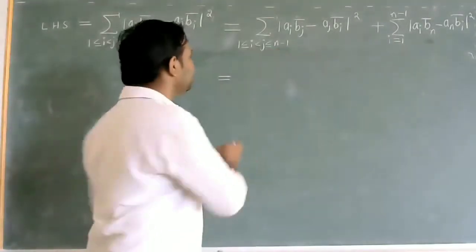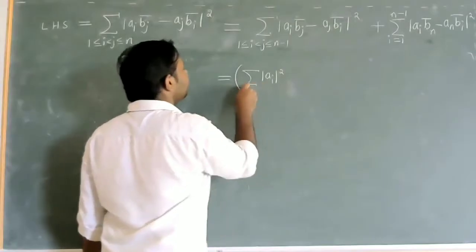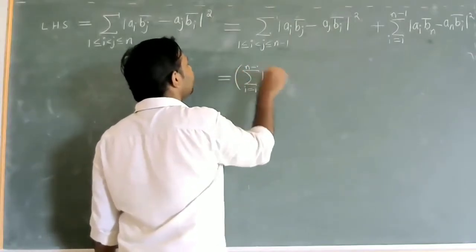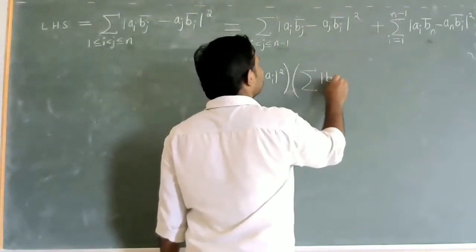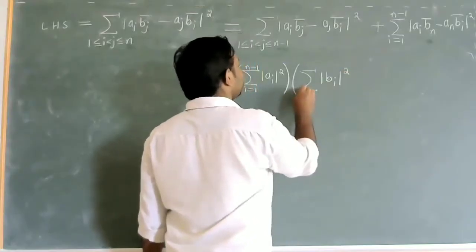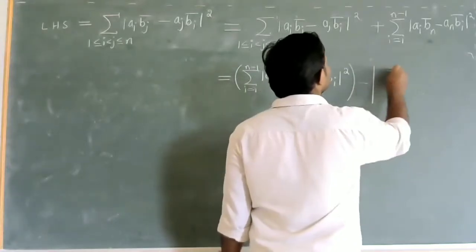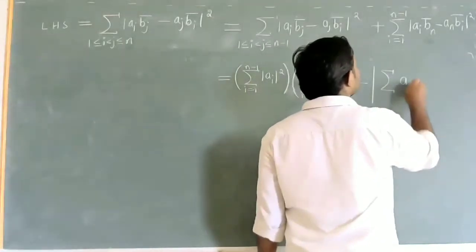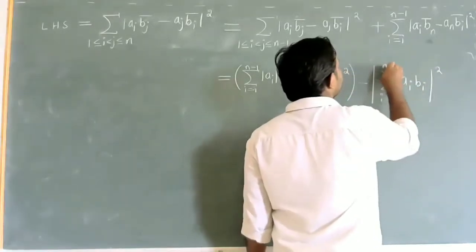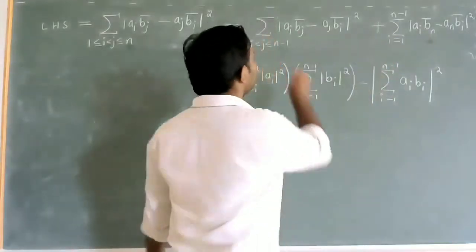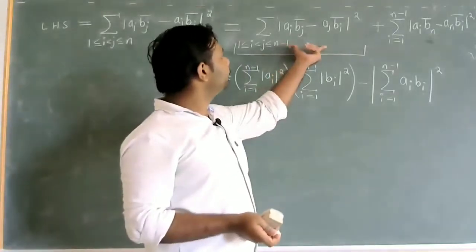So this summation is nothing but summation modulus of ai whole square, i running from 1 to n minus 1, into summation modulus of bi whole square, i running from 1 to n minus 1, minus modulus of summation ai bi whole square, i running from 1 to n minus 1, plus, so I have taken the n minus 1 result here; in place of this I have taken this.